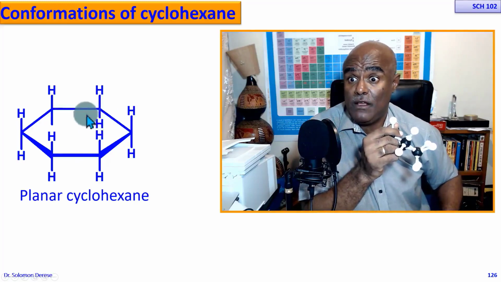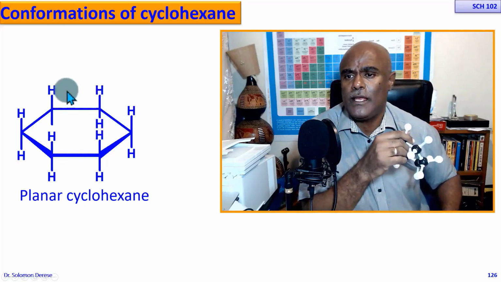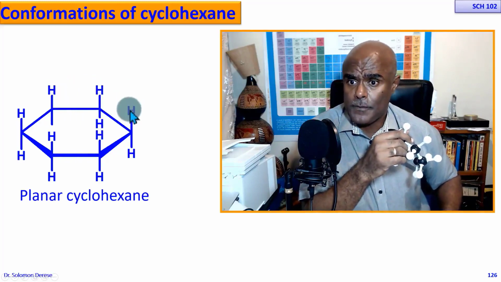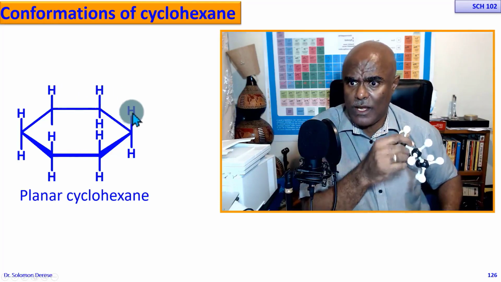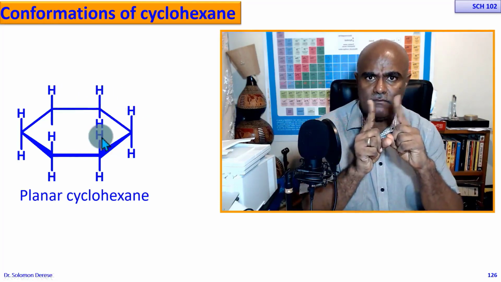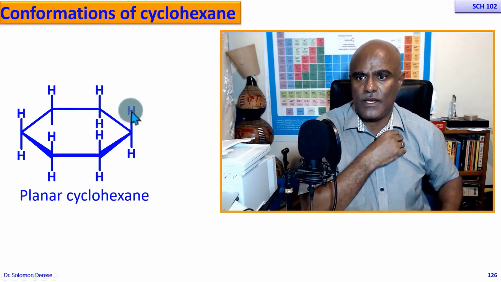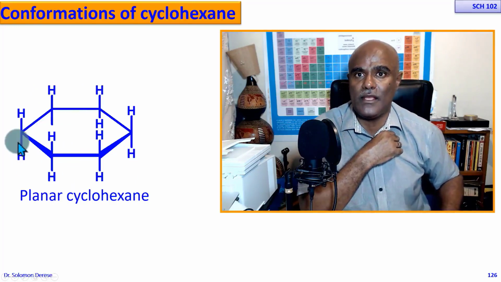It will be suffering from a lot of angle strain. In addition to that, since it is planar, this hydrogen faces directly this one, and they face each other like this, all around the ring. The same applies to the hydrogens below the ring.